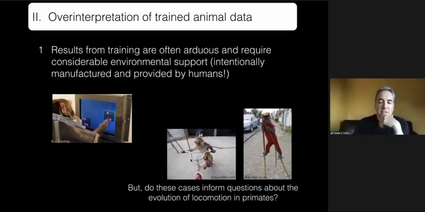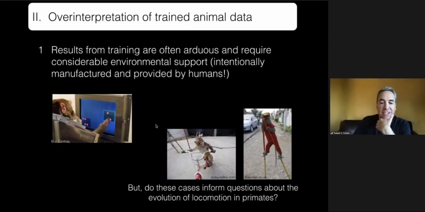The problem is, if we want to make arguments about what we learn about the evolution of locomotion in primates, for example, in these cases we would have to be extremely careful, because there's a lot of human intervention and materials involved, as here. A picture I took from Jessica Cantlon's lab, who are doing great work.